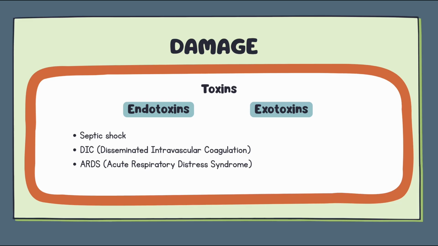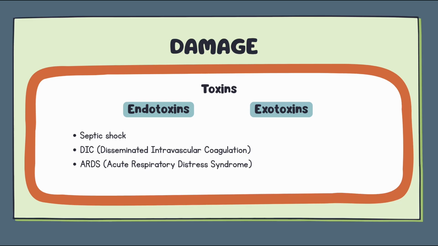Then the platelets and clotting factors are consumed because we're using them to create clots. So because these clotting factors are used up, the patient begins to bleed. So DIC is kind of like a collection of abnormal clotting and bleeding at the same time. So you have abnormal clotting and the person is bleeding at the same time.